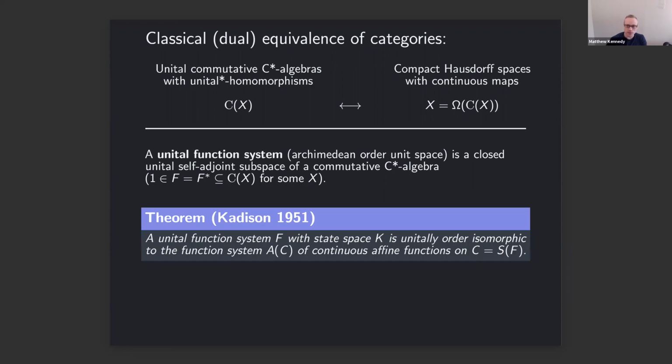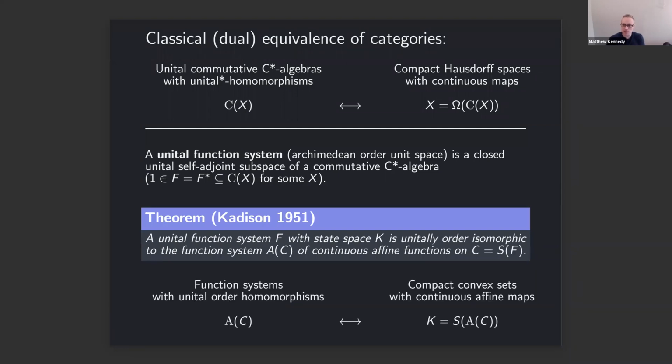And there's an important theorem of Kadison, which says that every unital function system, if I take C to be its state space, then the function system is unitally order isomorphic to the function system of continuous affine functions on C. And so this gives us an equivalence of categories between function systems where the morphisms are unital order homomorphisms and compact convex sets with continuous affine maps as morphisms.